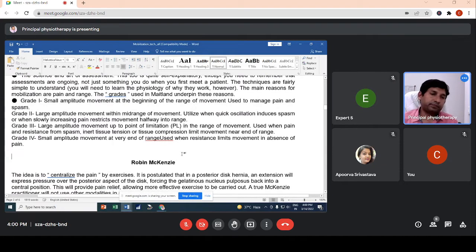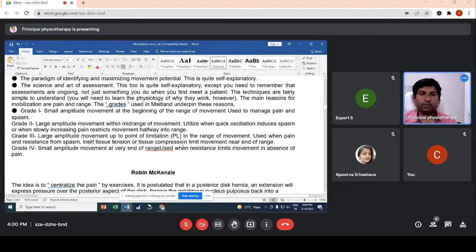Grade 3 is large amplitude movement up to the point of limitation in the range of movement. Used when pain and restriction from spasm, inert tissue tension or tissue compression limit movement near the end of the range. That is known as grade 3.